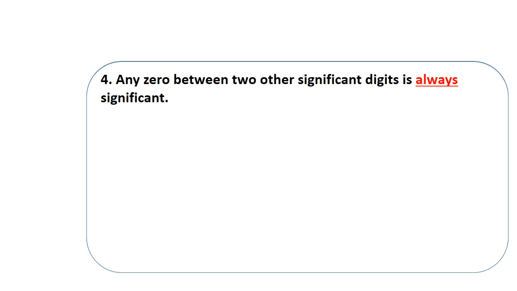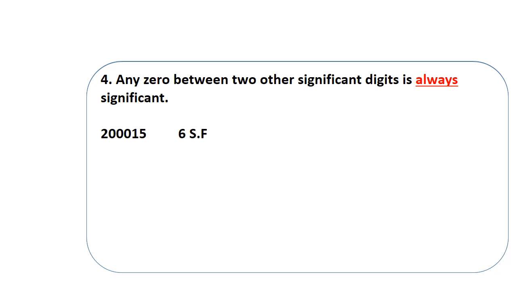We started with leading zeros, which we said are not significant regardless. Then we went to trailing zeros, where we said they can only be significant if there is a point anywhere in the number. Then the third type is zeros that are between non-zero numbers, or between significant digits. So these zeros are significant. So long as it is between significant digits, it is also significant.